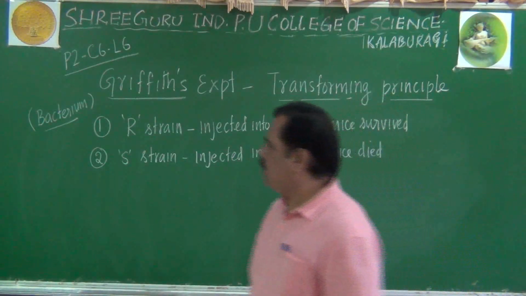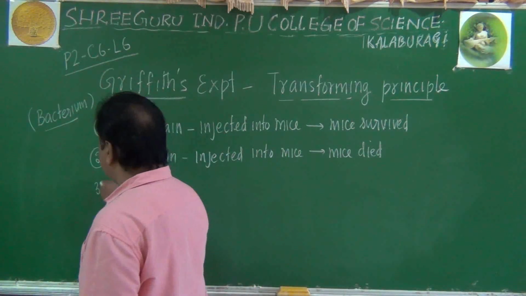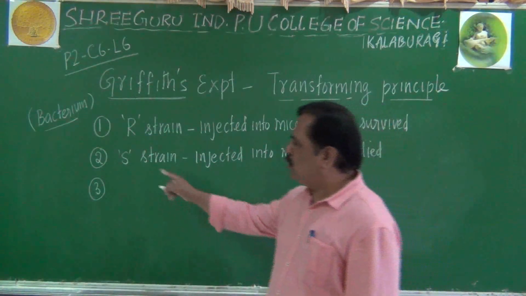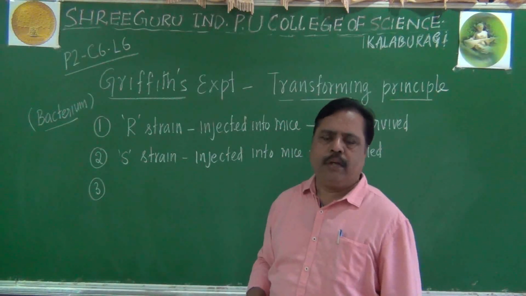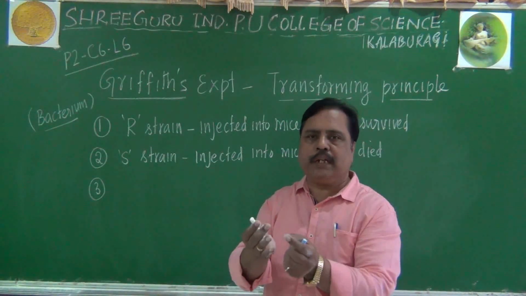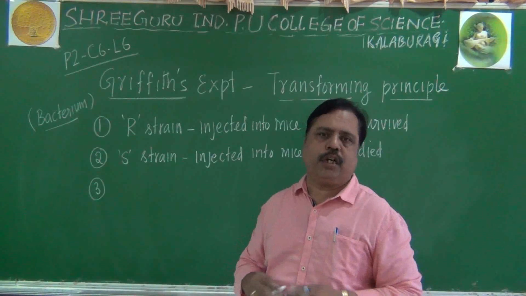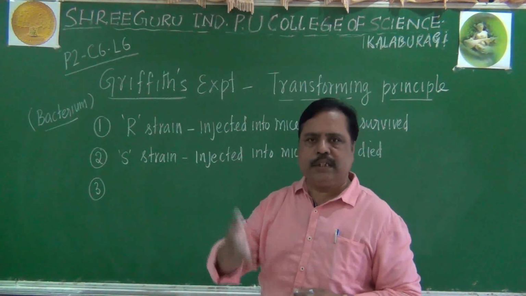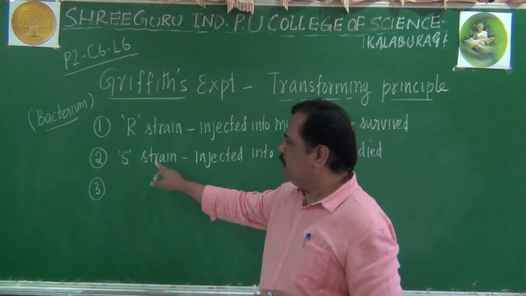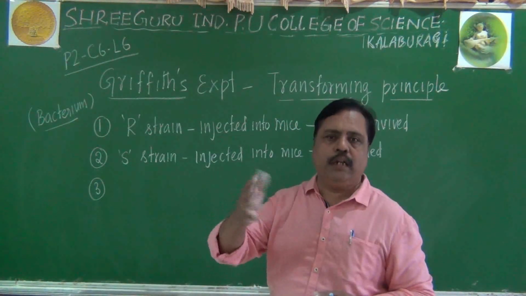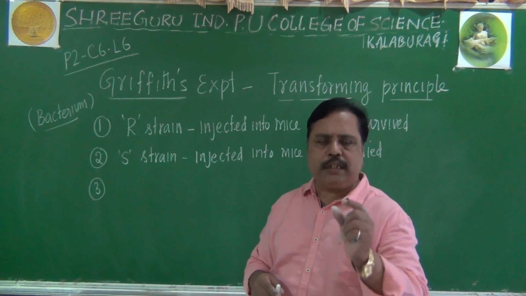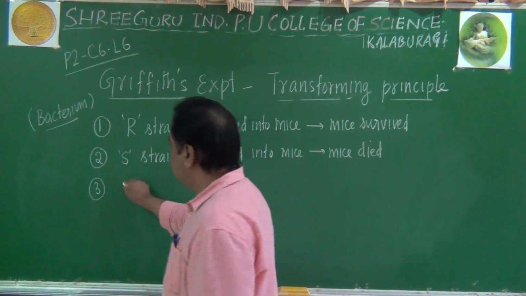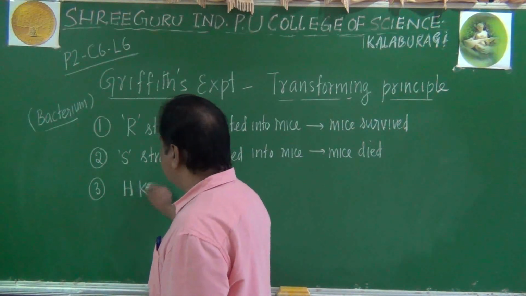The third experiment done by Griffith has some significance. He took some S strain and subjected that bacteria to a heat shock. The temperature was increased in the medium so that this S strain got killed. Remember, a strain of bacteria killed by heat is known as heat killed S strain.